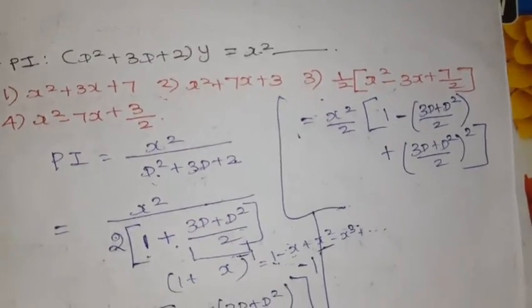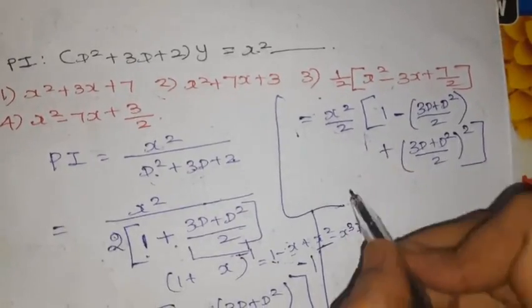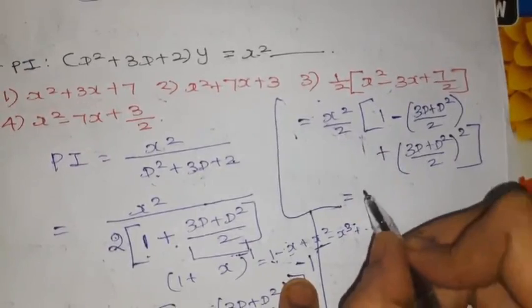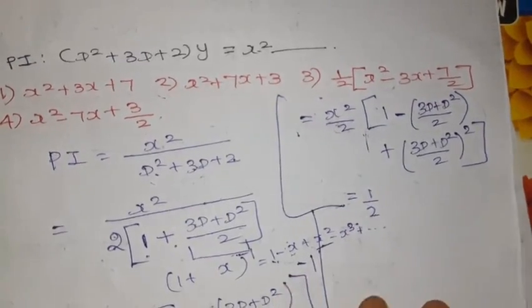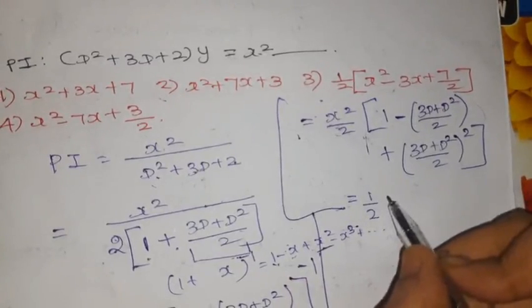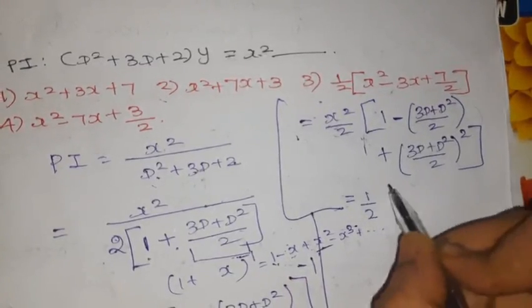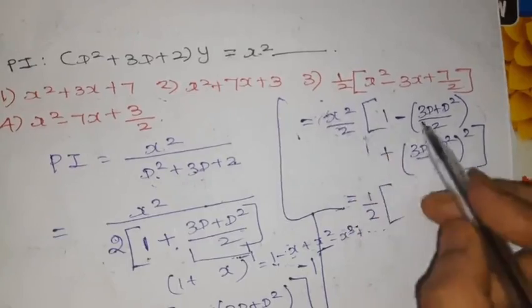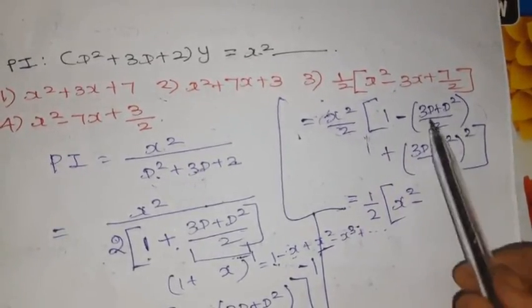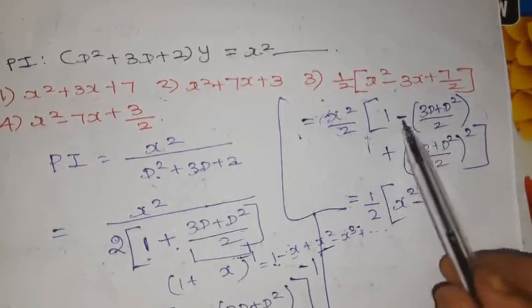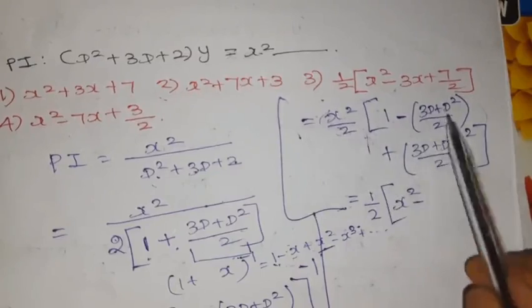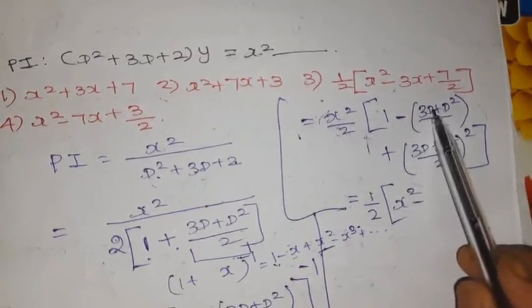Okay, then we need to cross multiply inside. x squared by 2. So 1 by 2 will be on the outside. Just multiply with x squared, then this term minus 3D by 2, 3D by 2 into x squared, differentiation of x squared, what we will get? 2x.